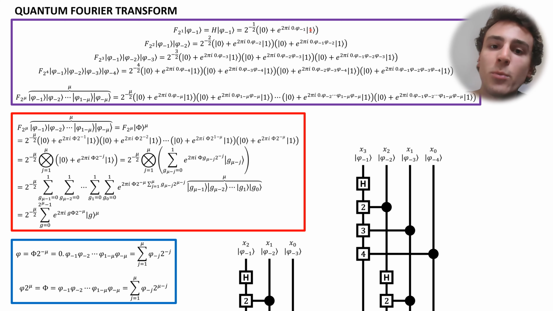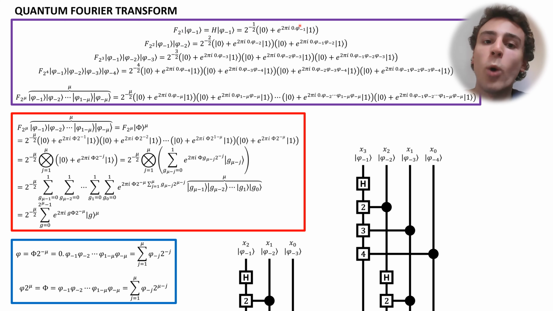So we're accounting for both options over here. If phi sub minus 1 is equal to 0, then we have a 0 in this exponent, and we get e to the 0, which is 1. So the relative phase factor is 1, and that gives us the state 0 plus the state 1. But if phi sub minus 1 is equal to 1, then we get a 0.1 in binary, which is the same as 0.5 in decimal, and that's the same as 1/2.